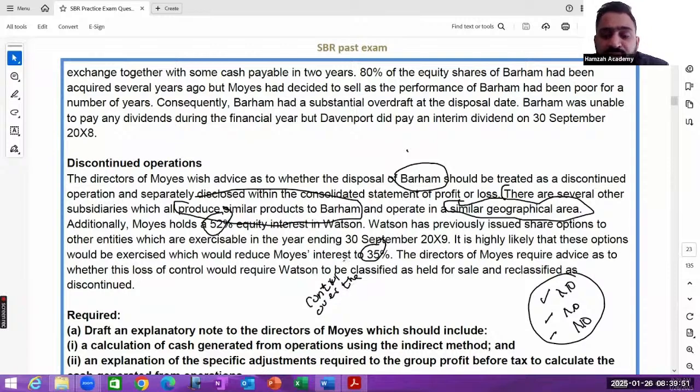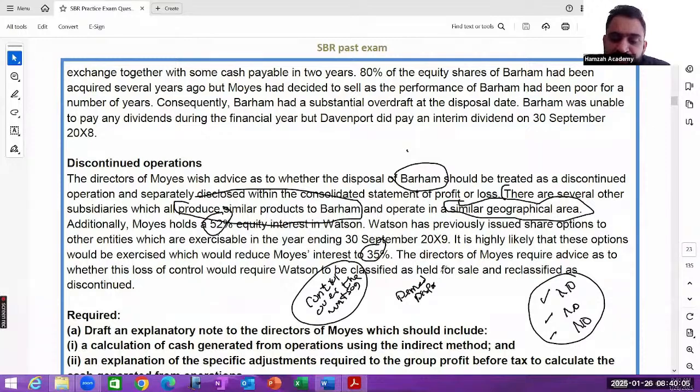And when you lost the control, that means it is not anymore your subsidiary, and it constitutes a deemed disposal. But this deemed disposal does not fulfill the conditions of IFRS 5 in order to classify the Watson company as held for sale. You got it?